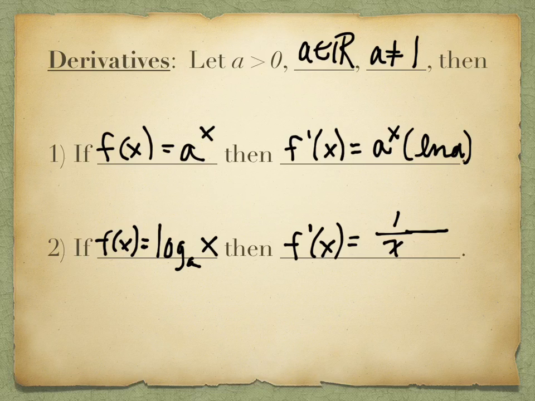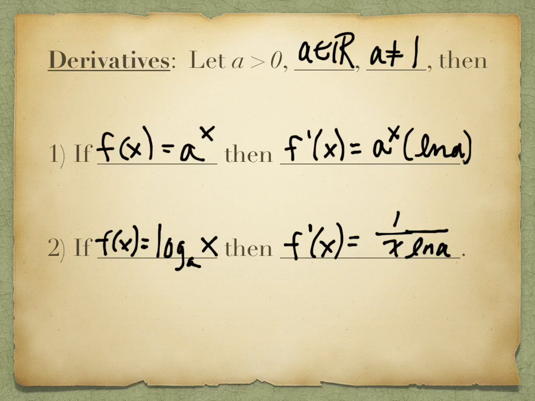And then you have to multiply by ln of a in the denominator. Some books will also put the ln of a before the x instead, as a coefficient of x. It's the same thing, either in front or behind. Same thing up there on the rule number 1 that I just wrote in. So if I just told you a bunch of rules, that means we better use them, right?